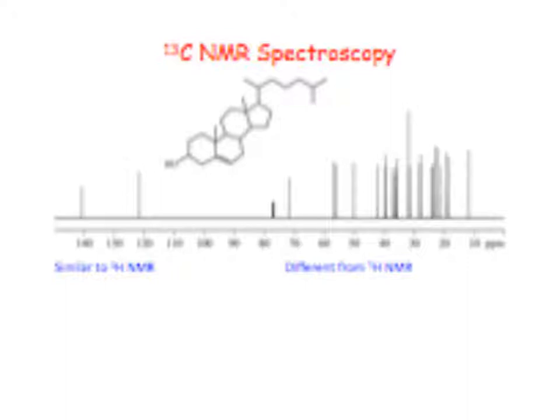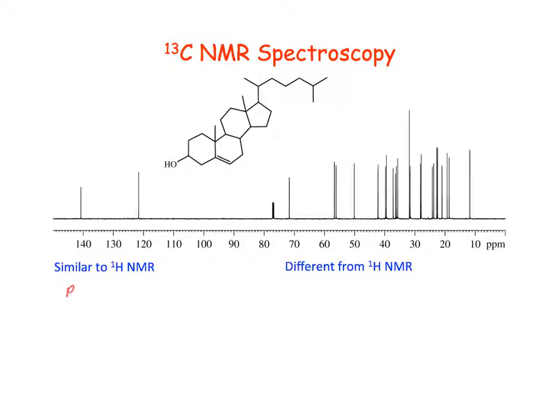Same units, right, so we are using parts per million for the scale. So it's the delta scale. And in general, the chemical shift scale, for part of it at least, mirrors what we see for proton NMR.